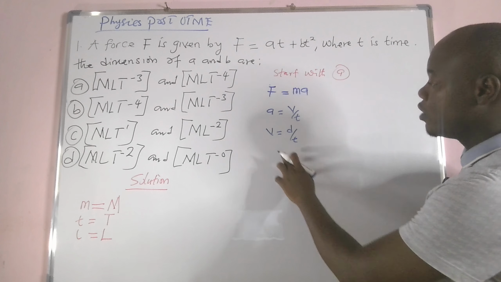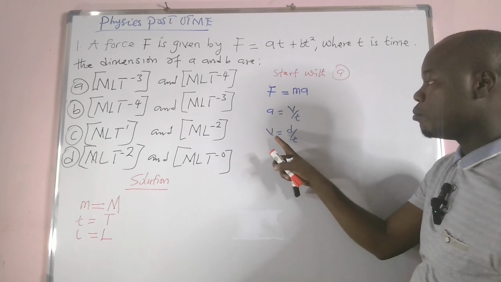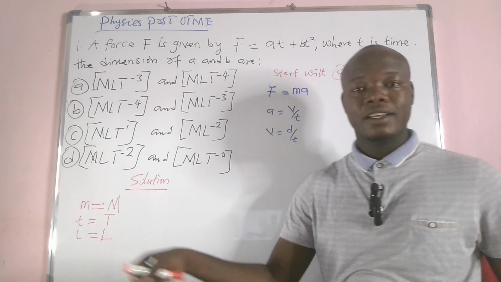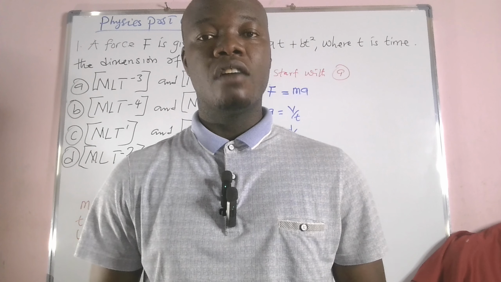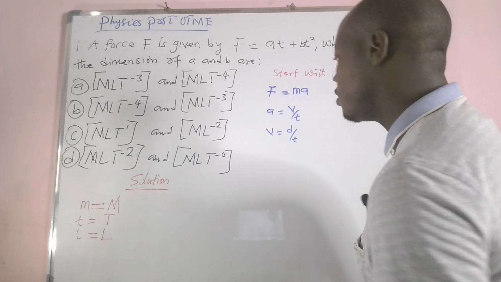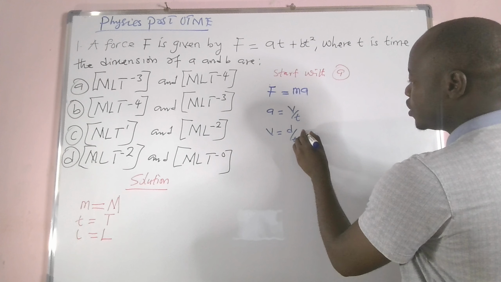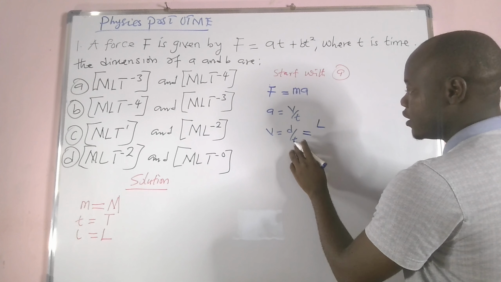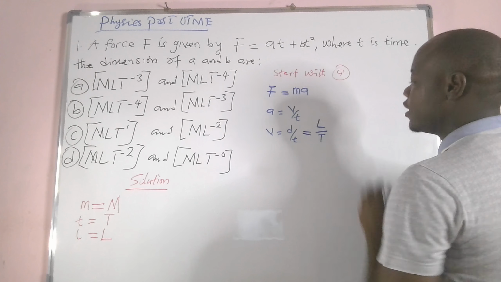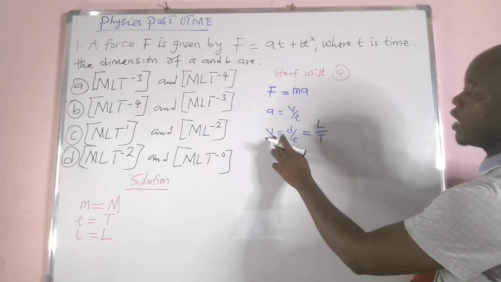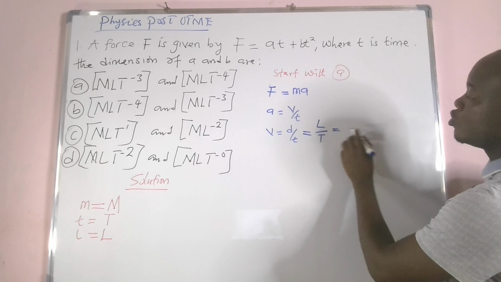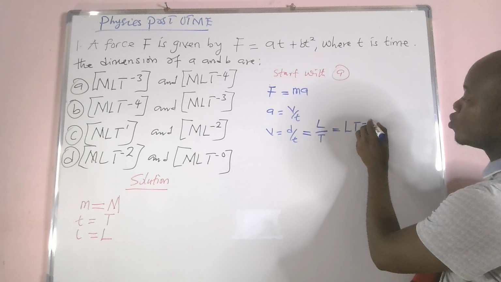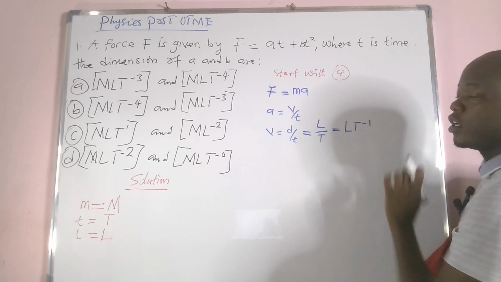So let's start with the dimension of velocity. Remember I told you displacement and distance have the same dimension. So the dimension of velocity is L for displacement and T for time, which means LT⁻¹.